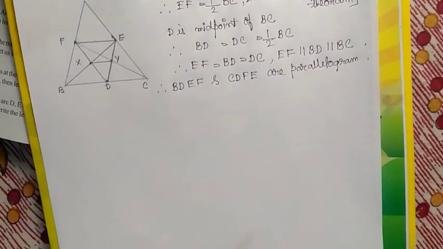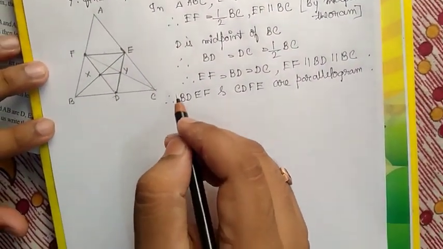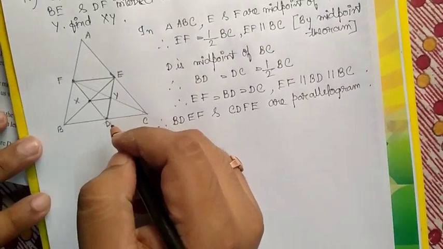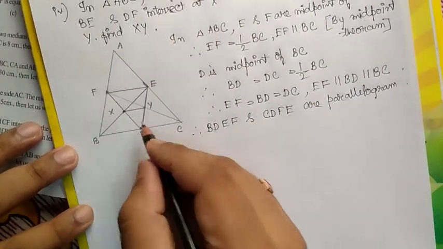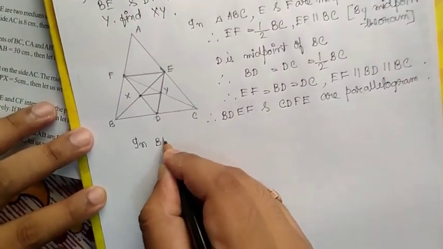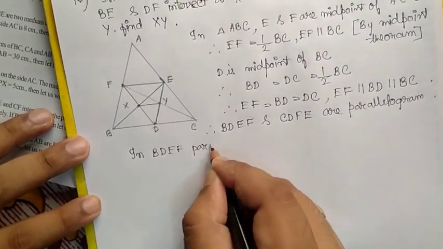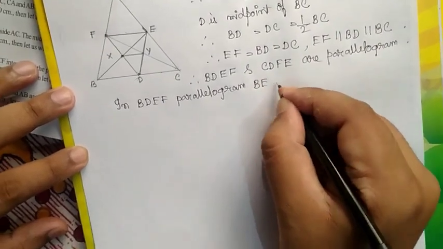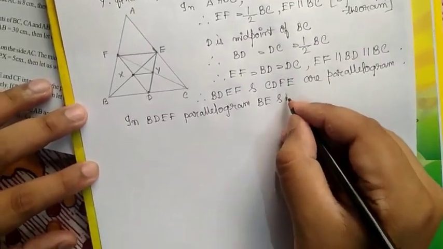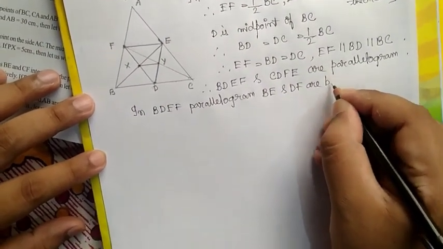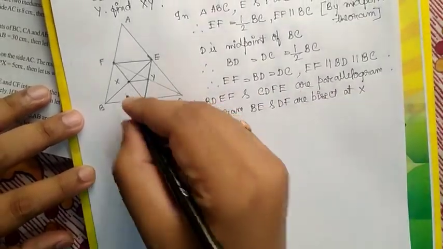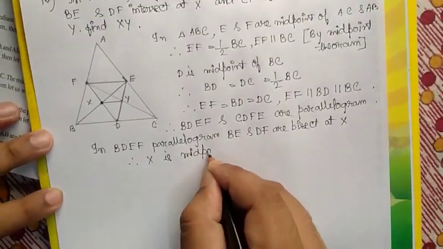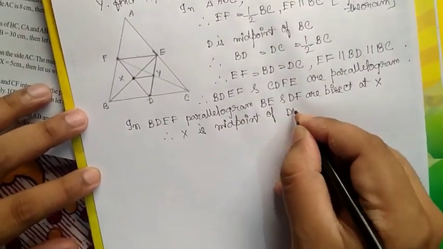Now in a parallelogram, the diagonals always bisect each other at a point. So we can say that in parallelogram BDEF, BE and DF bisect at X. So X is the midpoint of DF.